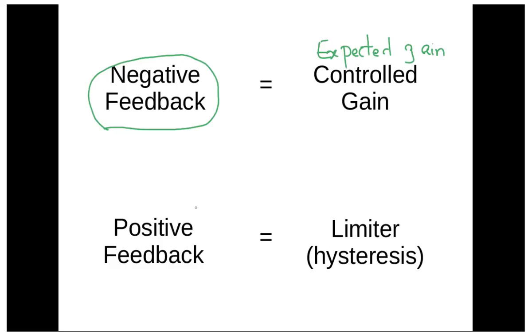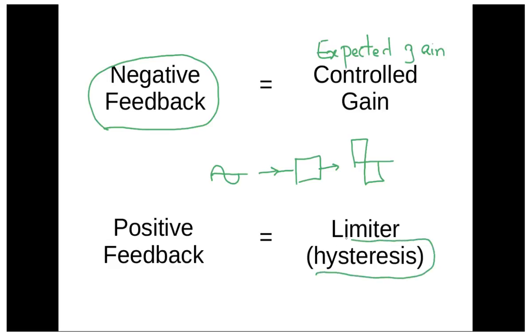But you very rarely use positive feedback circuits other than as limiters. A limiter means if you have a signal and you pass it through a limiter, the output you get will basically be limited to the supplies. And the one place positive feedback is used is to introduce hysteresis, which is memory, and we'll look at why hysteresis is important in a second.